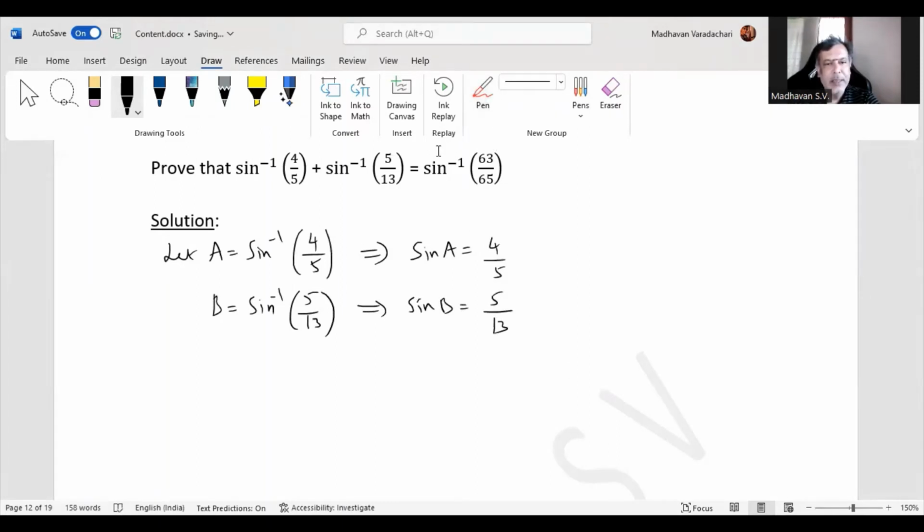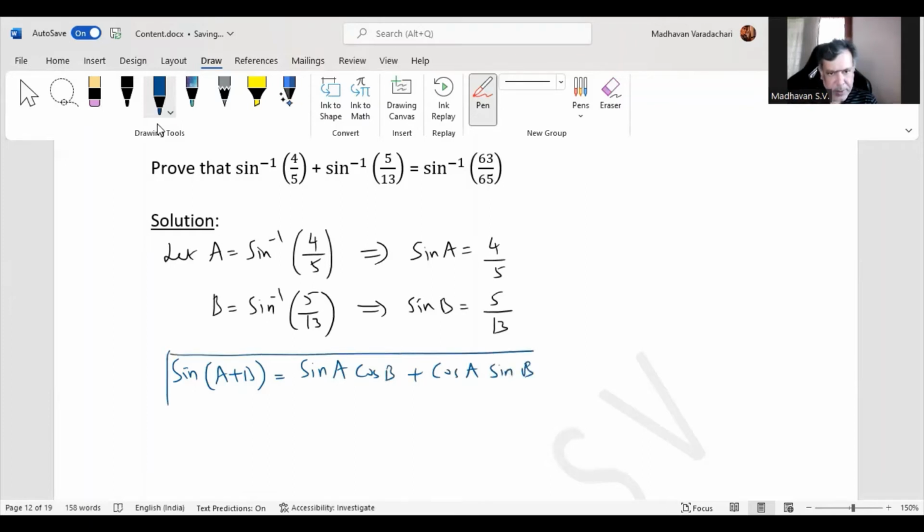So since the right hand side is having sine inverse, we'll be considering the trigonometric identity, which is sine of A plus B, which is sine A cos B plus cos A sine B.